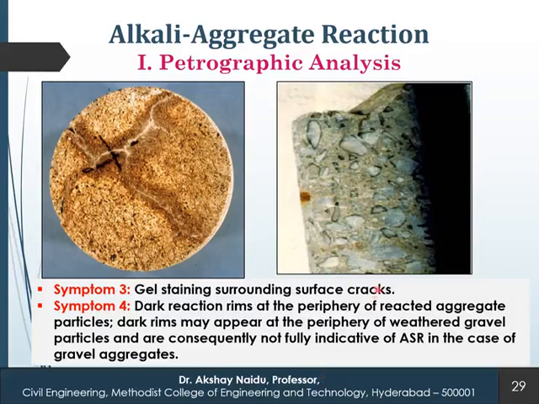Other than gravel aggregates, if we study the ASR reaction, what happens? The aggregate reacts with the alkali present, and a layer of compound is formed around the aggregate which grows in volume.